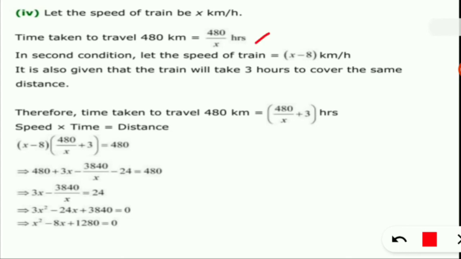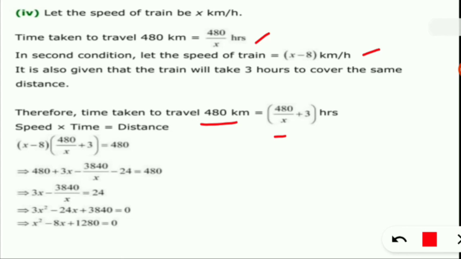Clear? So in the second condition, let the speed of the train be x minus 8 km per hour. It is also given that the train will take 3 hours more to cover the same distance. Therefore the time taken to travel 480 km equals 480 divided by (x minus 8), which is x plus 3 hours.